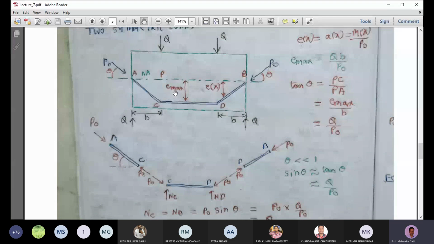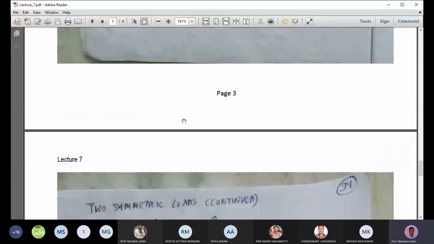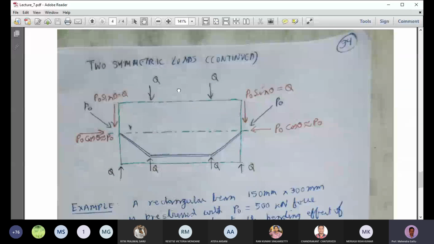So we have found the angle theta, which is Q by P naught, and we have found the forces coming at the sharp corners C and D. So that force is Q and this force is Q. So we can plot that information here. We have this beam, the neutral axis, the pre-stressing cable, and the pre-stressing force P naught.